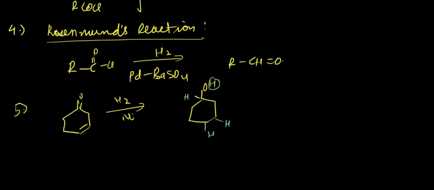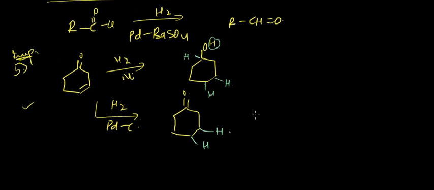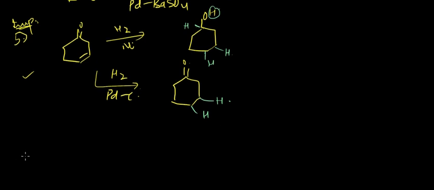Okay, but on the other side, if we reduce it with H2 and Pd-carbon, it will only selectively reduce the double bond, keeping the double bond of the oxygen atom, the keto group, intact. Okay, please remember this, it is asked many times. Okay, so let's do some examples.